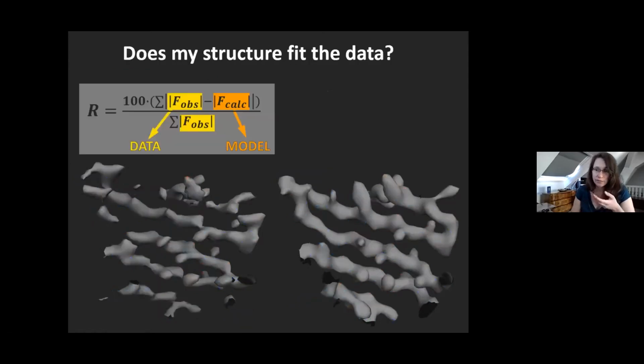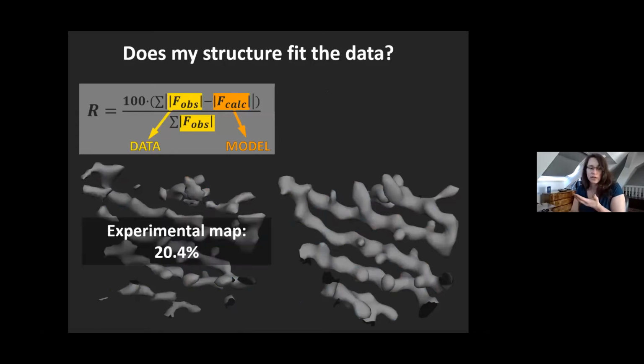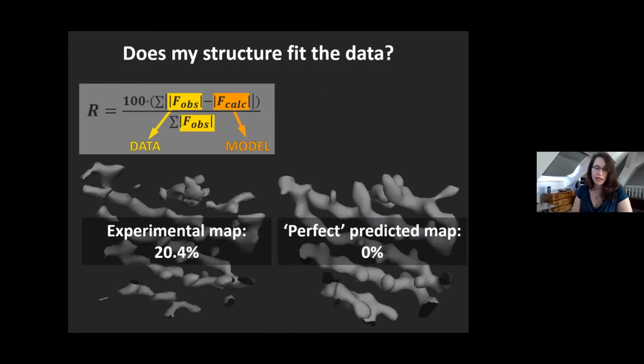We measure this fit between model and map in crystallography with an R value, which gives us the discrepancy between the measured data and the model structure in terms of Fobs, which is observed, and Fcalc, which is calculated from the model. In a typical map like this one, that's 20.4%, but we would like 0%. So we would like a perfect fit between model and data.